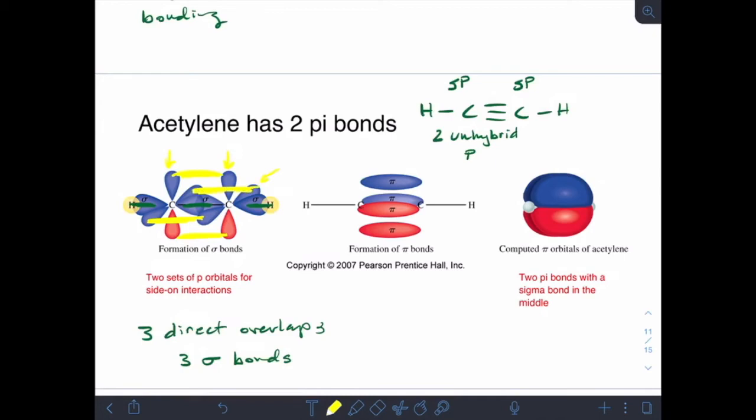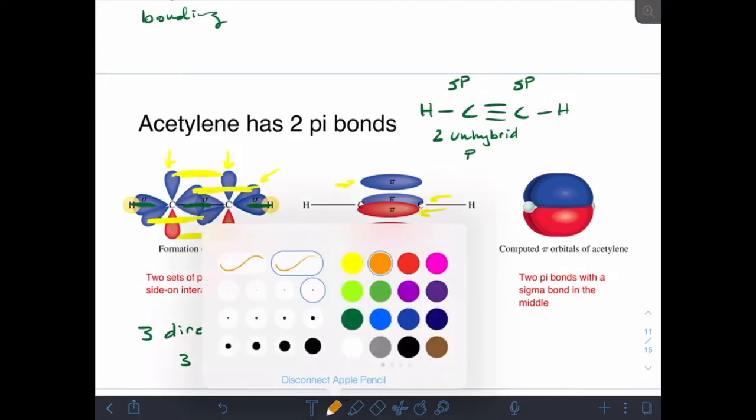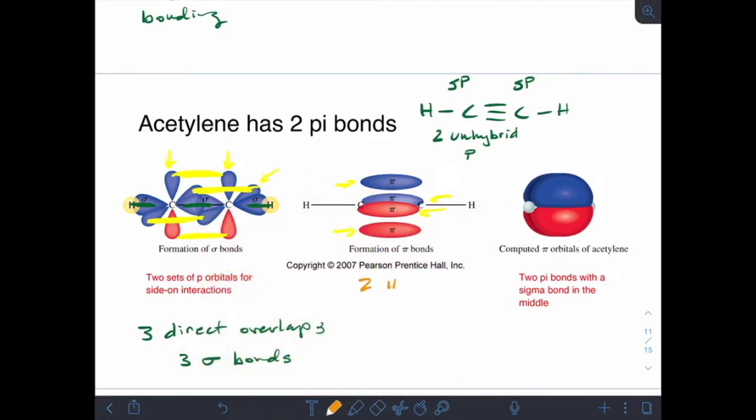Okay, so our drawing in the middle is showing that top and bottom. So here's your top and bottom, and then here's your front and back. What you end up with is sort of a sandwich, which makes two. We have two pi bonds.